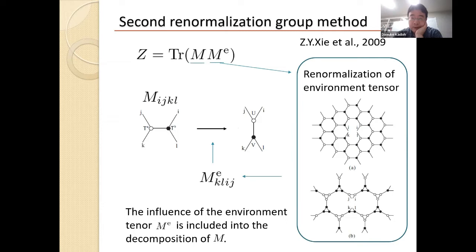So the environment tensor ME contains many tensors and many tensor contractions. So actually, it's difficult to obtain ME exactly. Instead, ME can be approximately evaluated by tensor renormalization.